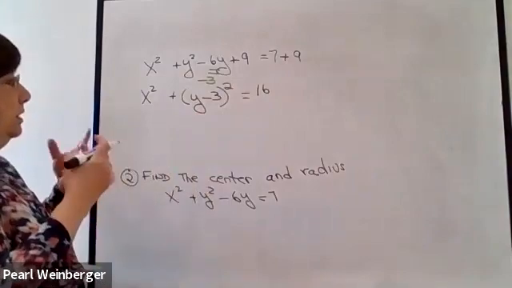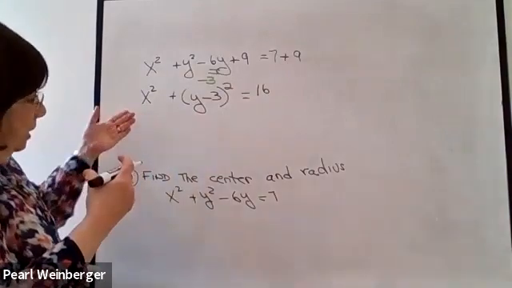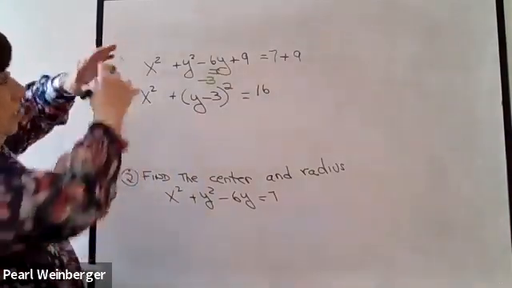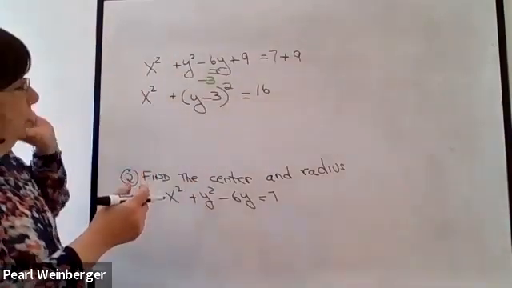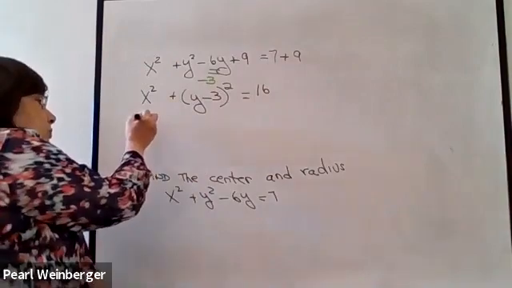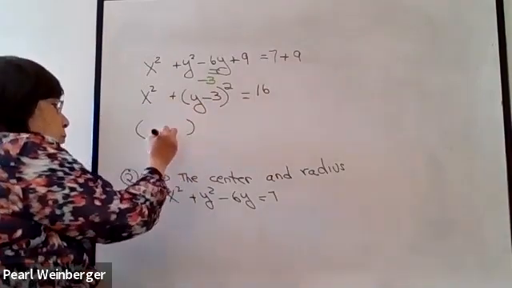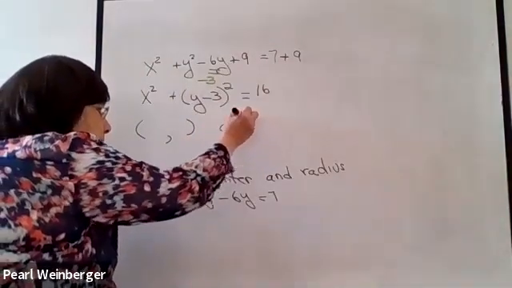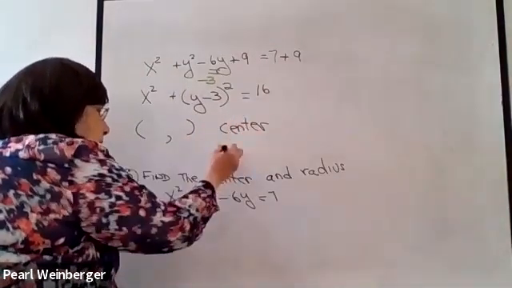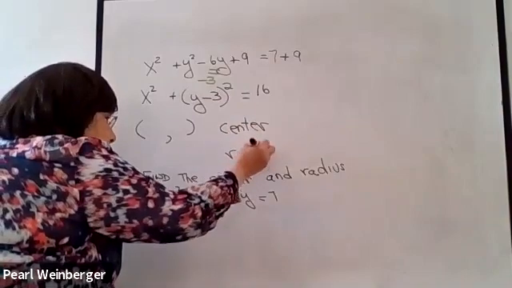So now I have this equation in what we call standard form. Now we should be able to write what the center is and what the radius is.